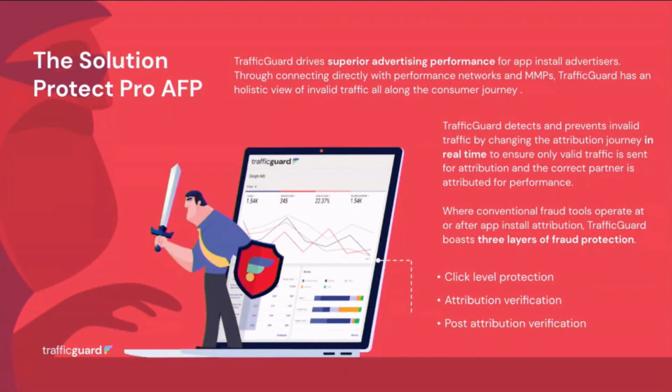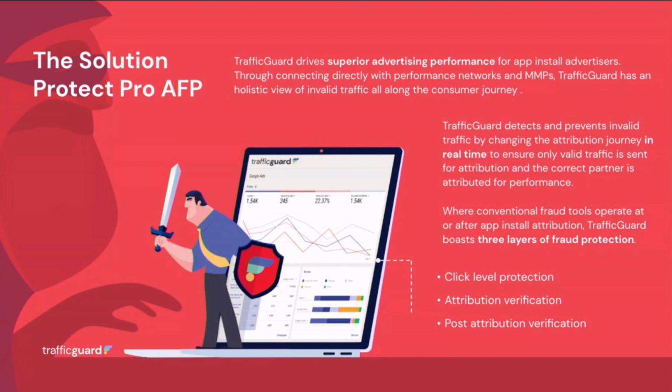Moving on from that pre-bid example, this is an example of our attribution product. So with our attribution product, we connect to the attribution platform, whether that's an affiliate platform or a mobile measurement platform, and we then connect at the click level into the referring traffic channel, if that's a mobile app network or any other kind of performance network or affiliate partner, to give us full funnel detection.